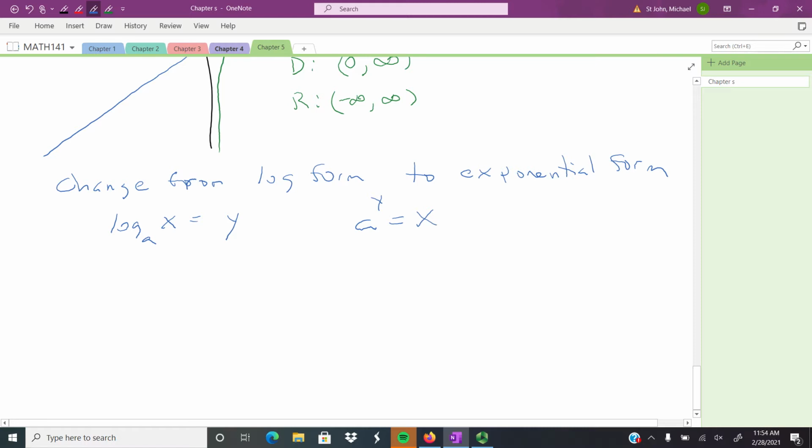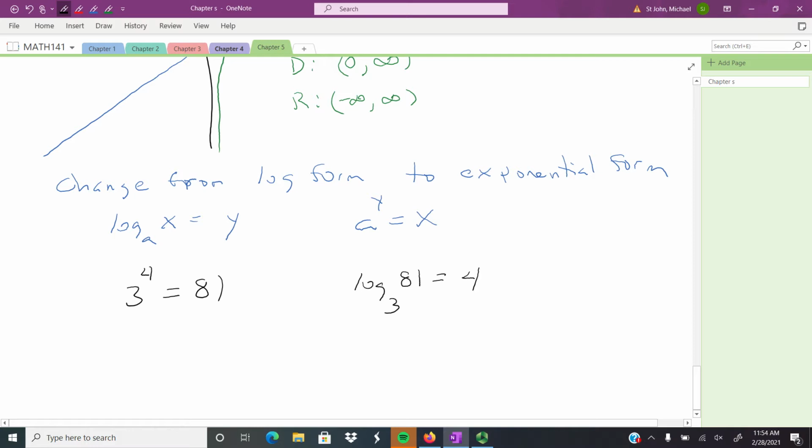So if I had something like this, that 3 to the 4th equals 81, I want that in log form. Well, this would be log base 3 of 81 is 4.